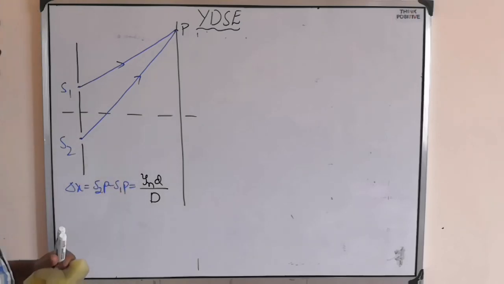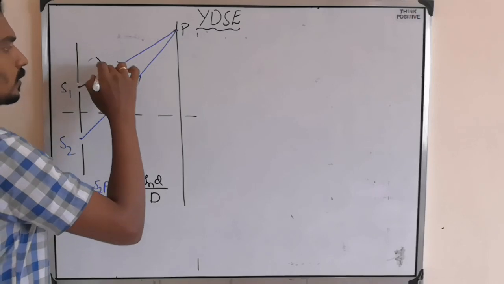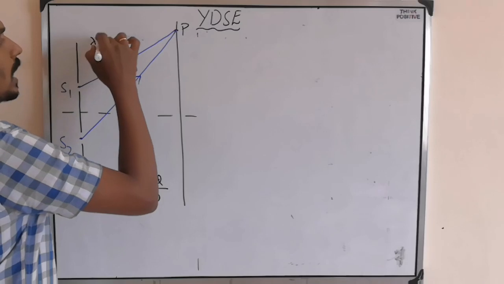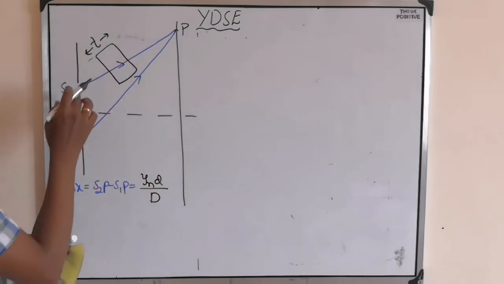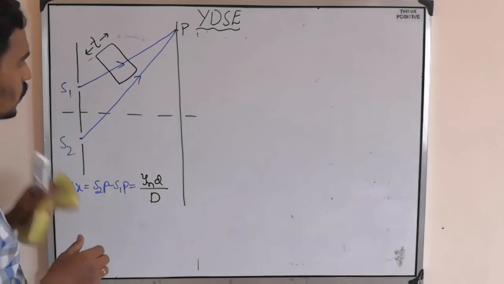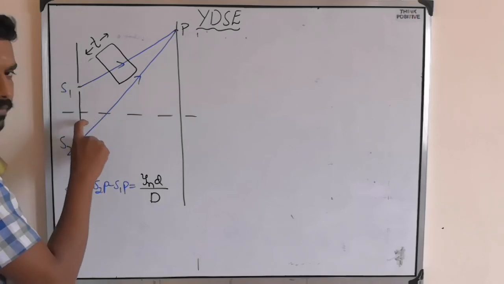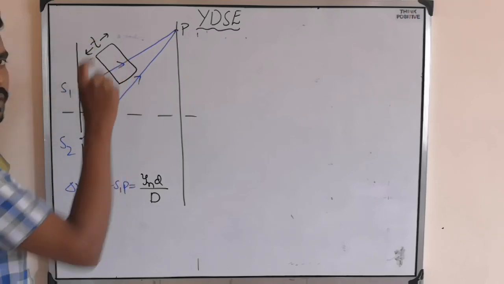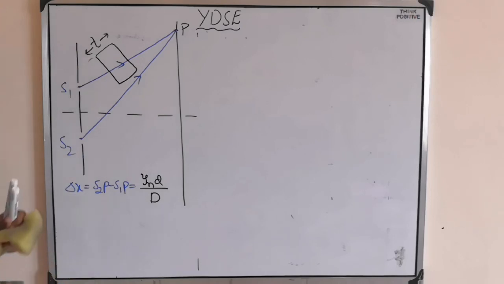Now, the question is, if you introduce one glass slab of thickness T in one of the paths, either in the path of S1 or S2. So you will introduce it here itself, but for better understanding I am taking it here, so that light travels through this thickness.